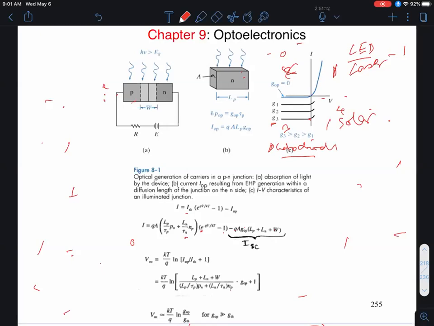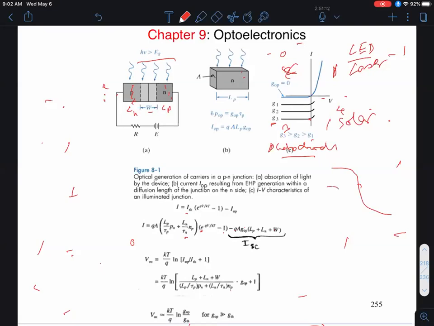So the key physics is illustrated over here. If you have, say, a reverse bias p-n junction with a certain depletion width W, and I shine photons on it with an energy h nu greater than the band gap so that I can absorb the photons, create electron hole pairs, electrons and holes within diffusion lengths, L sub n on this side and L sub p on this side, the minority carriers can diffuse to the edge of the depletion region and be swept across this reverse bias junction.